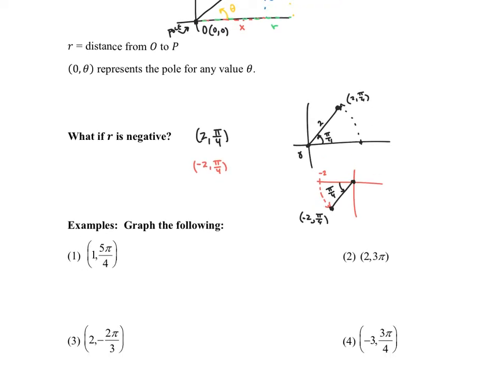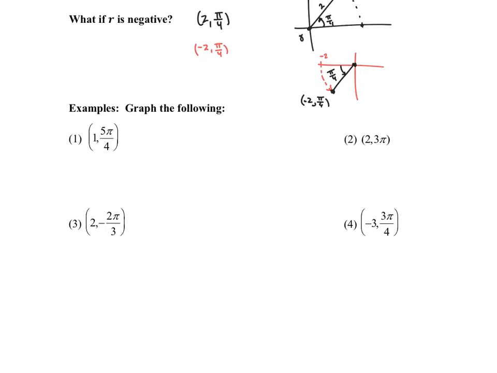So let's sketch a few of these polar coordinates. Extension, rotation. Remember, extension, rotation. So I extend out 1 unit, and I rotate 5 pi over 4.